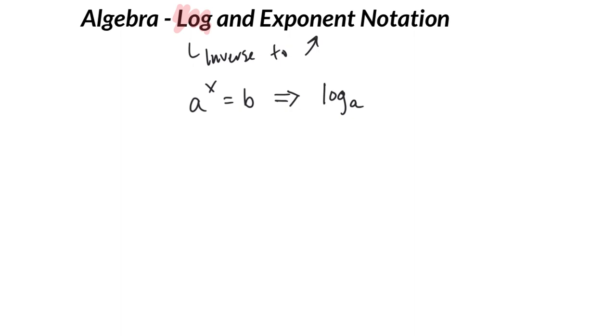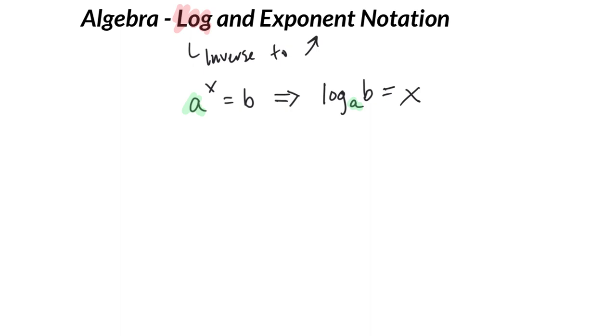So notice that the base of my exponential gets written as what we call the base of the log. So the base number that's being raised, that I'm multiplying by every time, that's also the base of my log. Now, remembering that logs work backwards, they're the inverses, so we have the answer. We say log base a of b equals x, because x is what we're solving for.